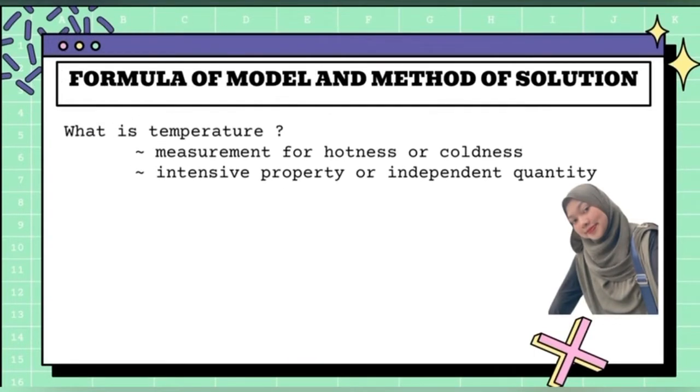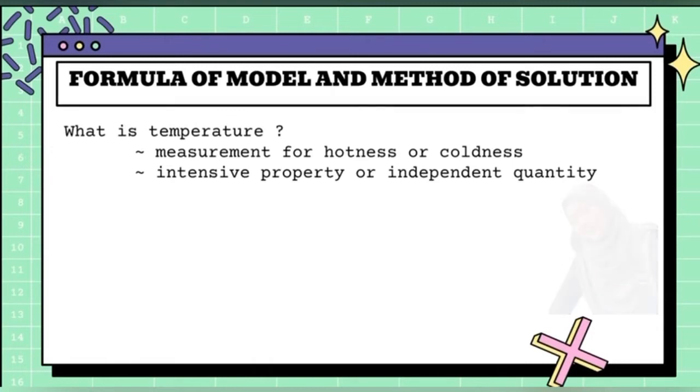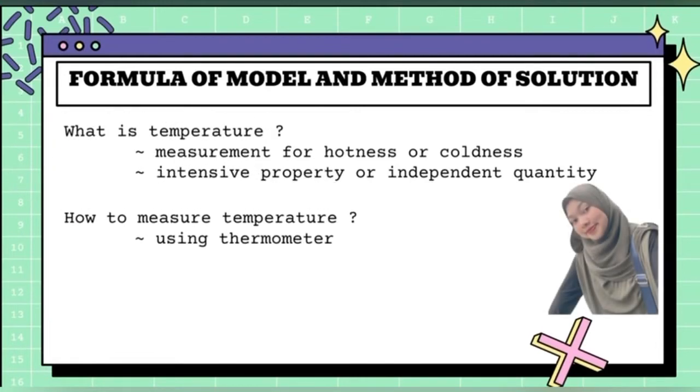What is temperature? Temperature is a measurement for hotness or coolness. Temperature is known as an intensive property or independent quantity. How to measure temperature? Basically, we measure temperature using a thermometer.